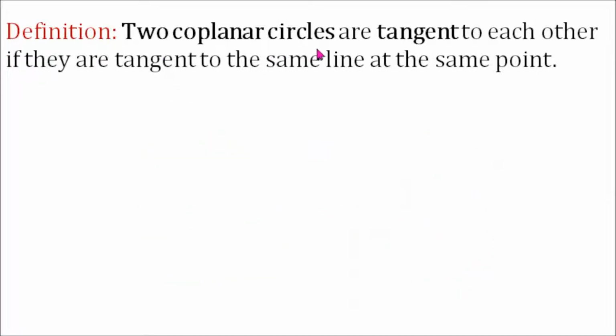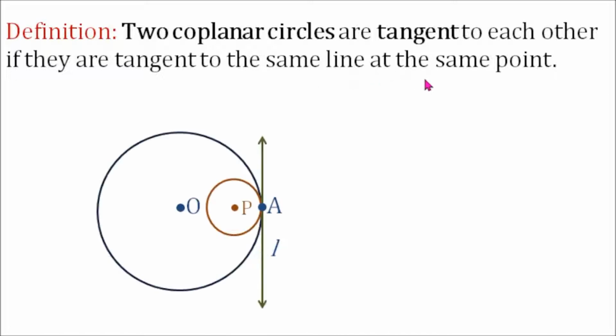Two coplanar circles are tangent to each other if they are tangent to the same line at the same point.